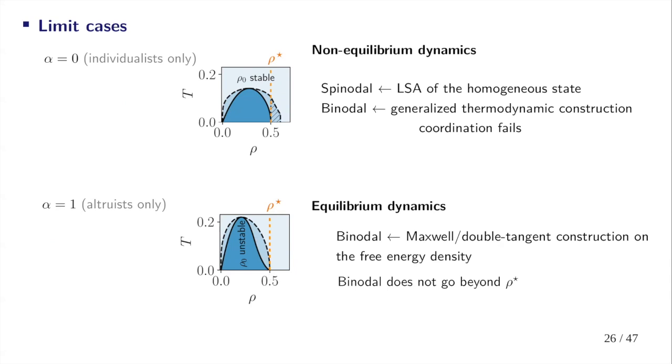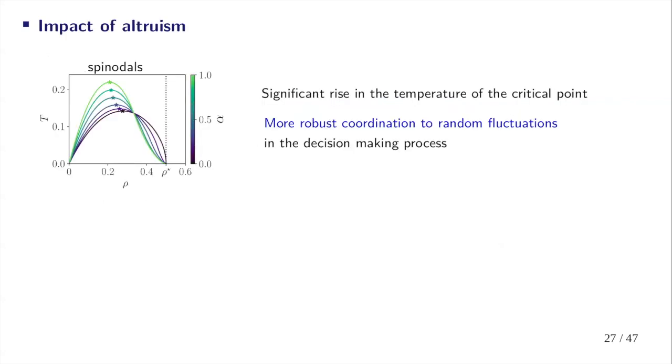So there is never suboptimal aggregation when people are really trying to maximize the state utility. And the question is what happens for intermediate values of alpha, when you have a mixing between altruists and individualists.